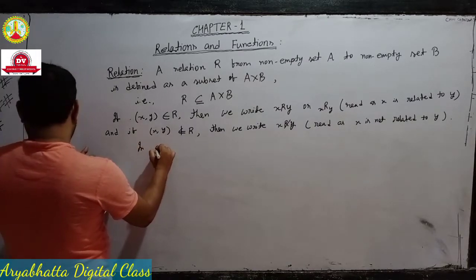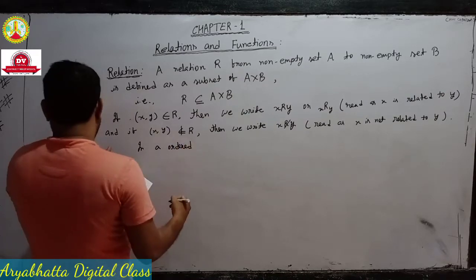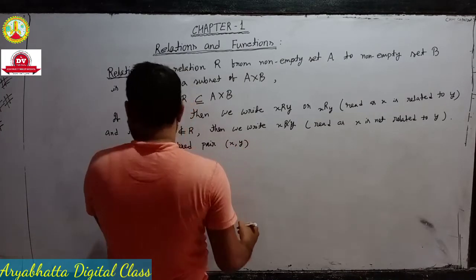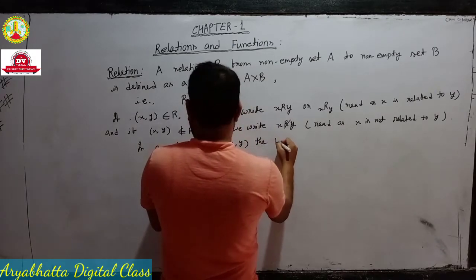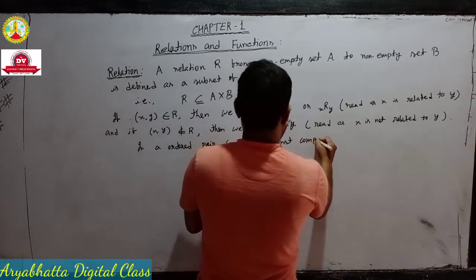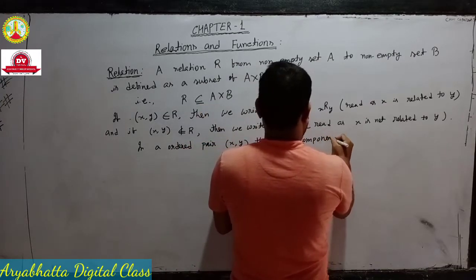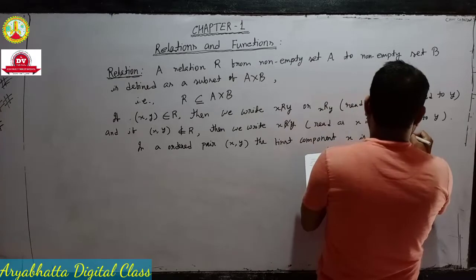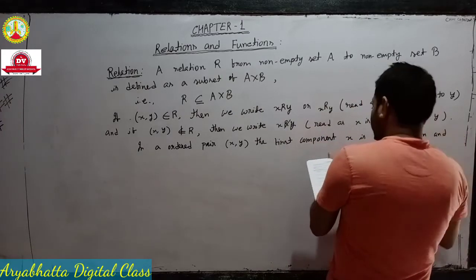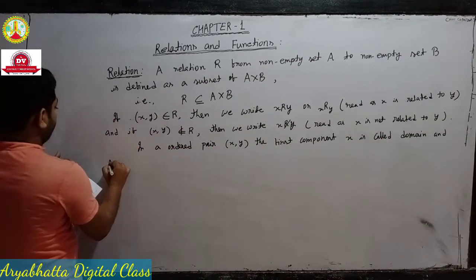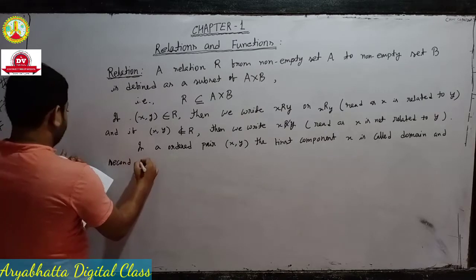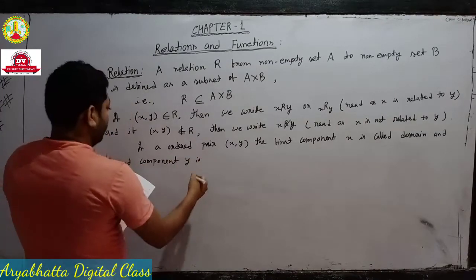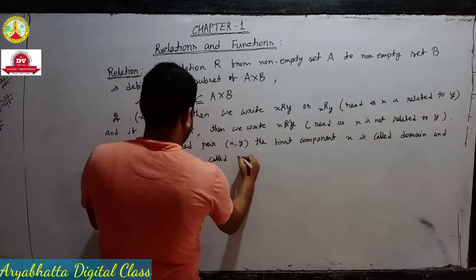Remember, in an ordered pair (x, y), the first component x is called the domain, and the second component y is called the range.